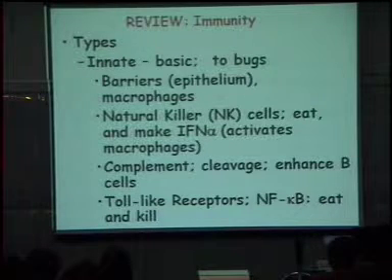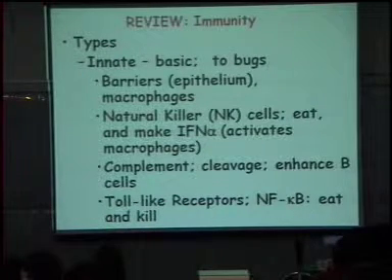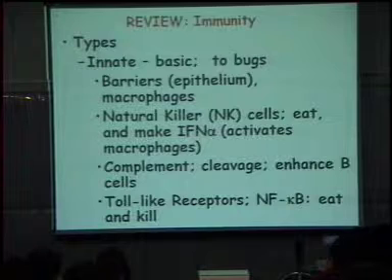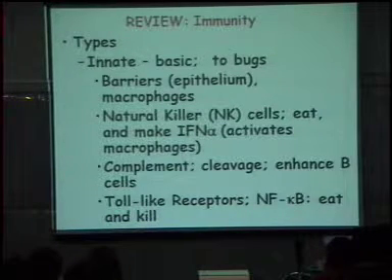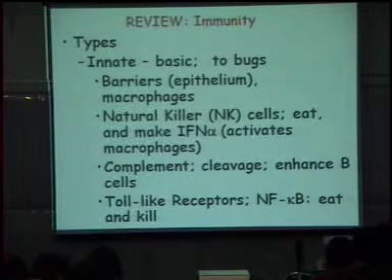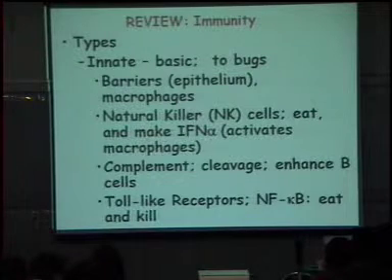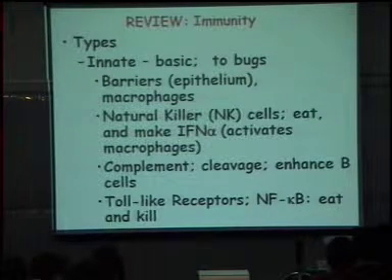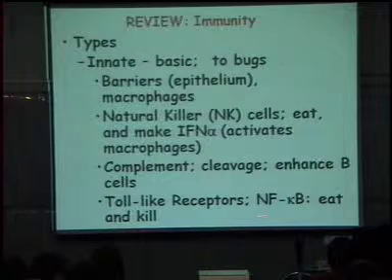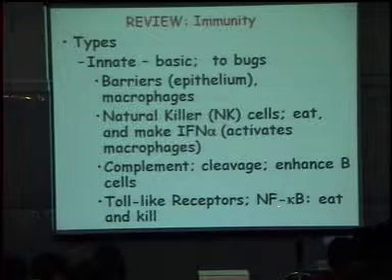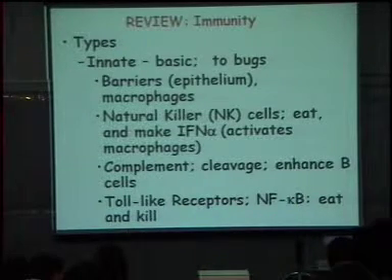The big parts are epithelium, macrophages along your epithelium, your skin, your GI tract, ways to keep those bugs out. Natural killer cells are big here. All right, a very complicated system, and again, only now being really worked out. The toll-like receptors, NF-kappa B, are very important in here.